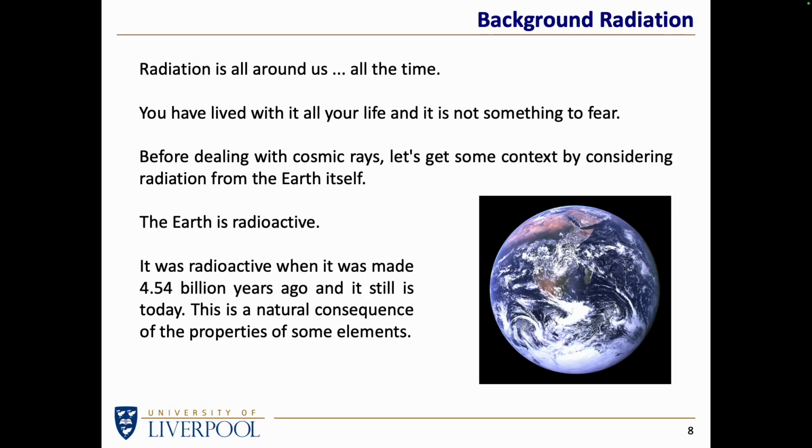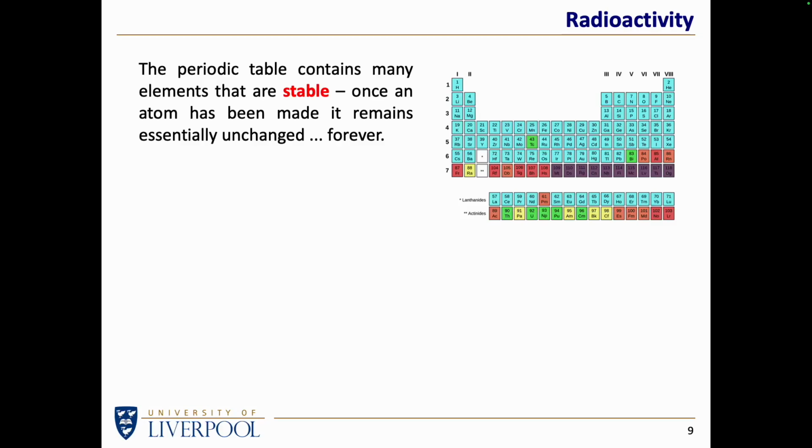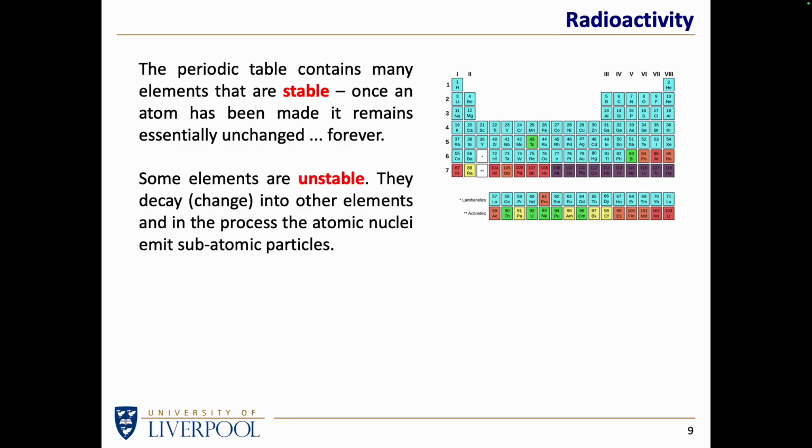Let me just kill the Geiger counter for the time being. So when we look at all of the elements in the periodic table, which make up essentially all of the Earth and the solar system and everything else, we see some atoms that are stable. They've been the same way essentially forever. Once you've made the atom, it does not change. But there are some, the colored ones in the periodic table shown here, that are unstable.